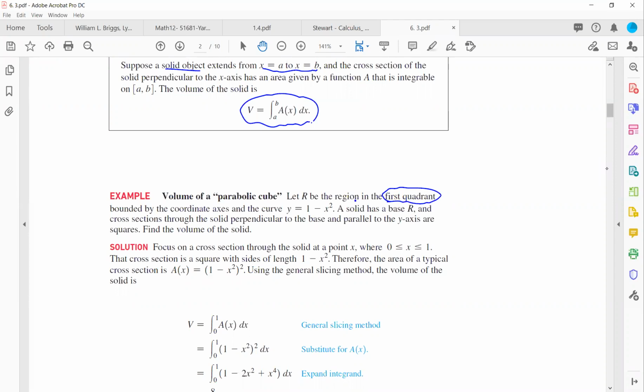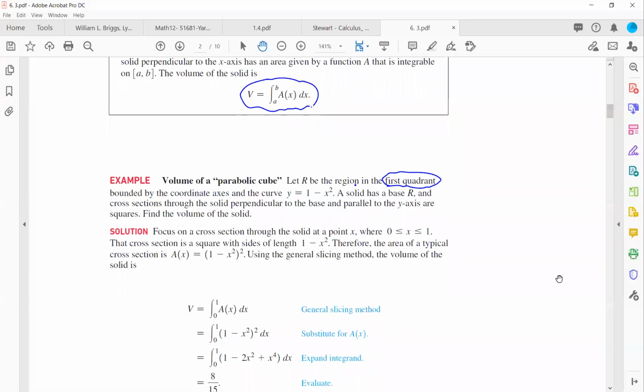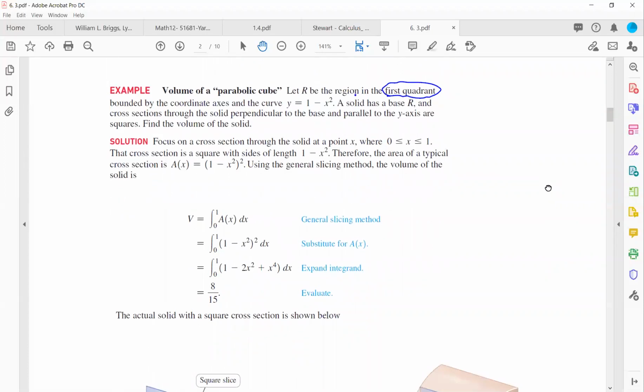A solid has a base R and cross sections through the solid perpendicular to the base and parallel to the y-axis, and those are squares. Question says find the volume of this solid. Okay, let us visualize this, see what's going on.